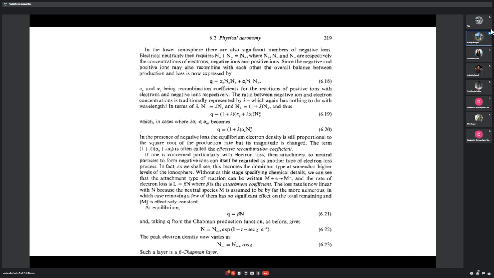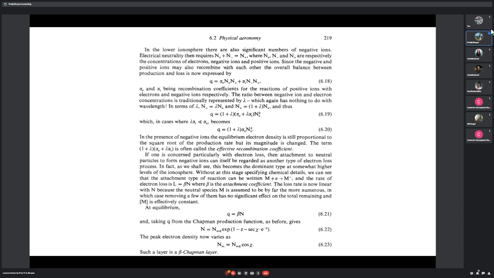The term 1 plus lambda, within bracket, alpha E plus lambda alpha I, in equation 19, is often called the effective recombination coefficient. While discussing the Chapman function or Chapman deduction, we have seen that alpha is the recombination coefficient, and Q is directly equal to alpha N squared, where N is the number of ions or electrons.